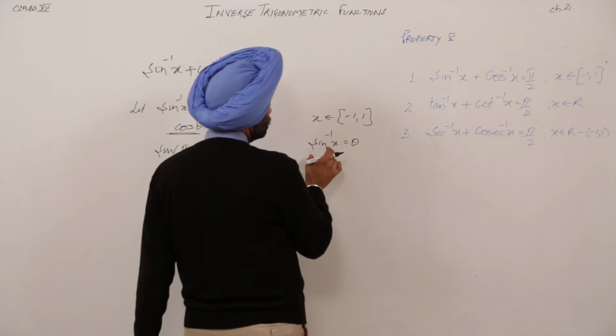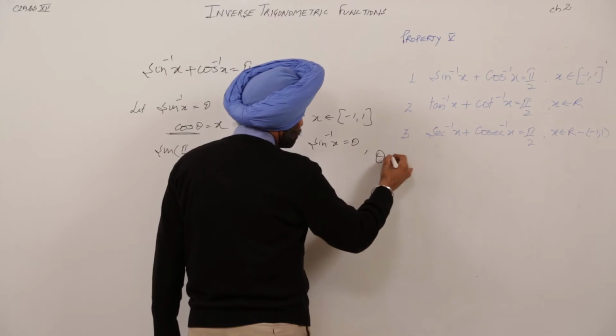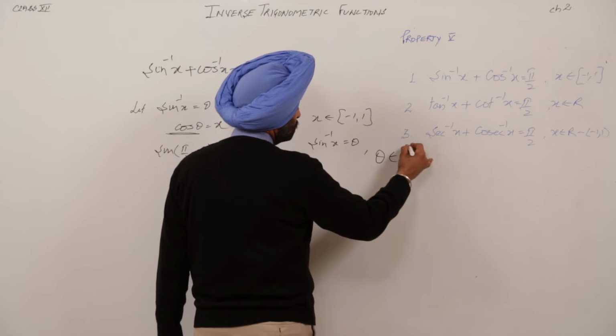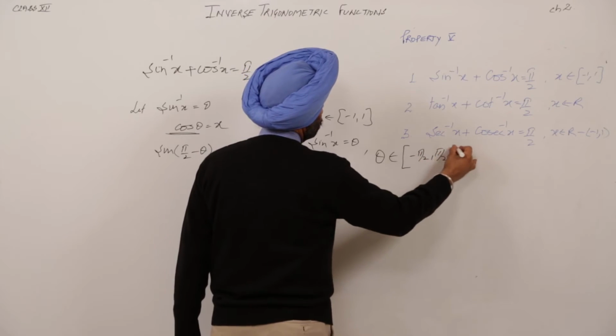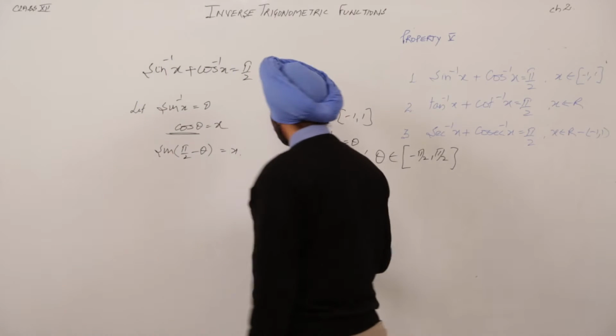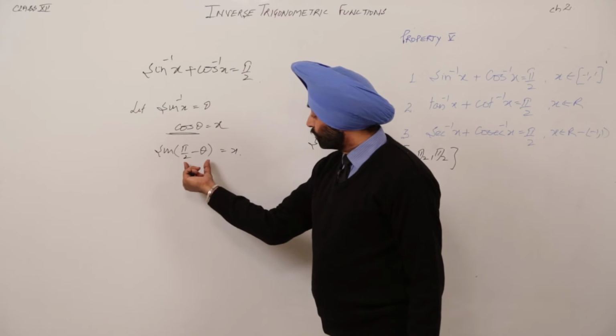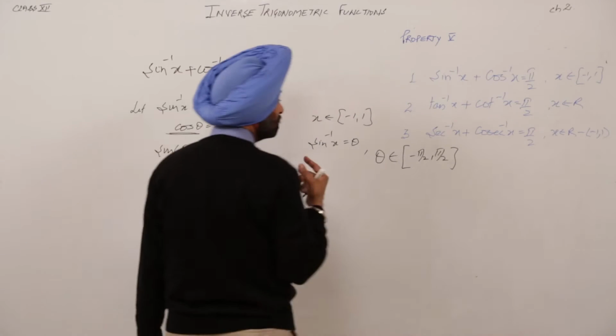Now sine inverse x is equal to theta, and theta belongs to minus pi by 2 to pi by 2. Now can I check where pi by 2 minus theta belongs? This is the thing I want to show you.